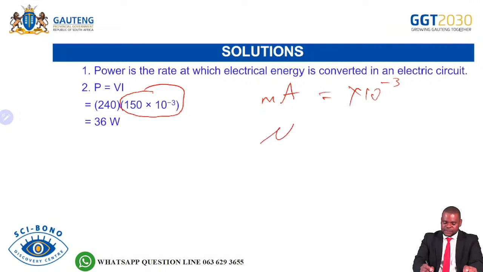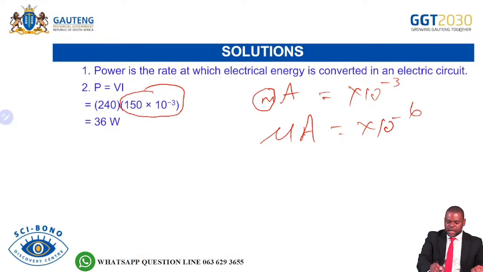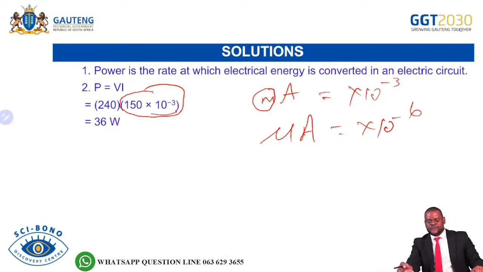The same way as micro. When you see microampere, you'll be saying what? Times 10 to the exponent negative 6. Yes, that is how it works. Because of this m, we put times 10 to the exponent negative 3 to 150. That is given.